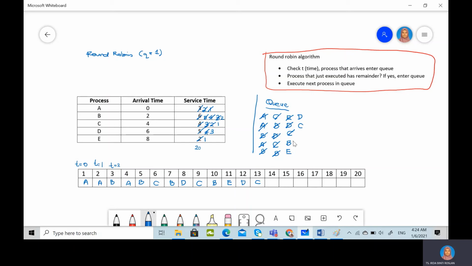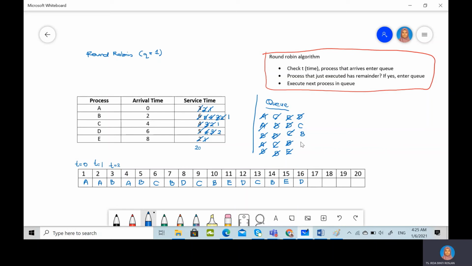Next, we run B. Any more remainder for B? Yes, another one. So put it in Q. And then next, run E. E already finished, so we don't have to put it in Q. Continue with executing the next process, which is D. We run D, check whether D has remaining or not.